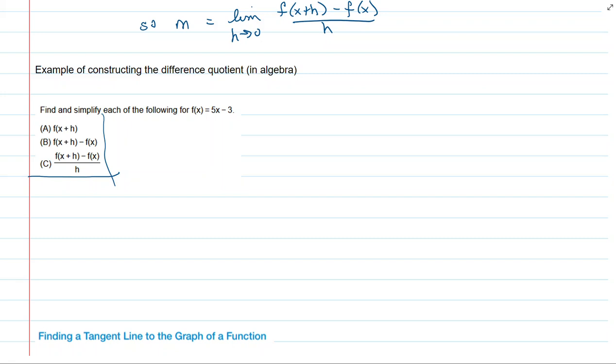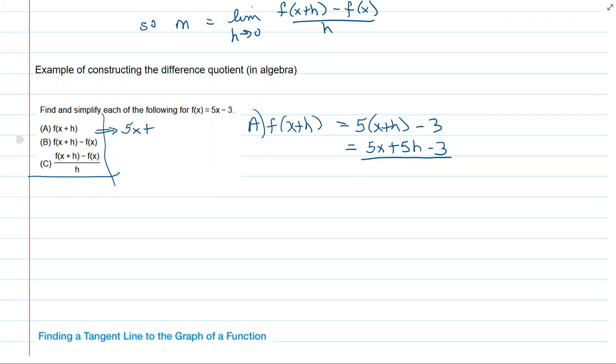So it says for A, they want f of x plus h for the linear function. So this means I have 5(x plus h) minus 3. So I distribute, I get this value. And then they want the function of x plus h minus the original function.